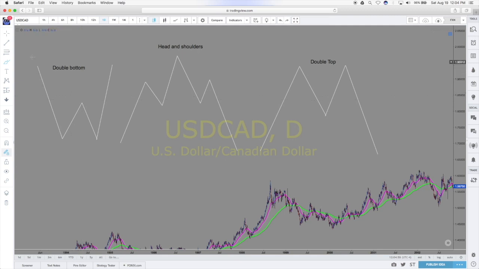The double bottom is the same way, but just opposite. So we're talking about price coming down, sellers having control, hitting support, coming back up, going back down to retest support, and then failing, and then breaking to the upside and starting a whole new pattern back up to the upside.